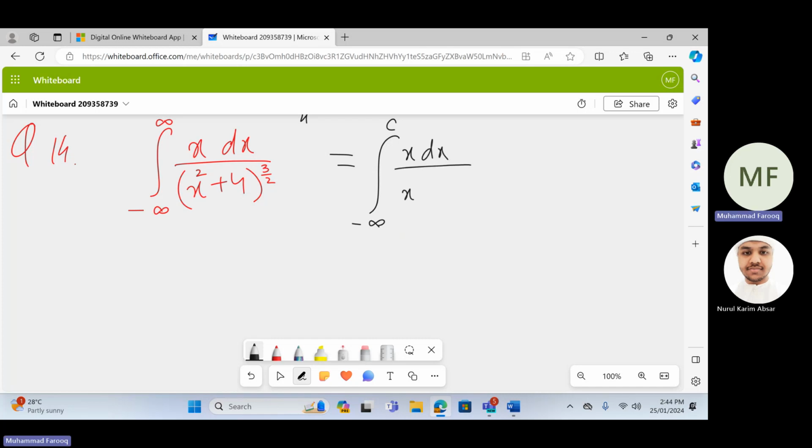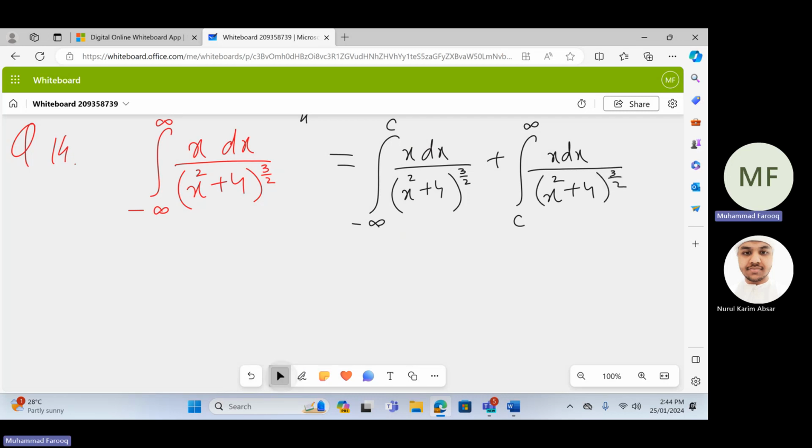This is a lengthy question, we have to repeat the same thing two times. And plus C to positive infinity, x dx divided by x squared plus 4, to the power 3 over 2.